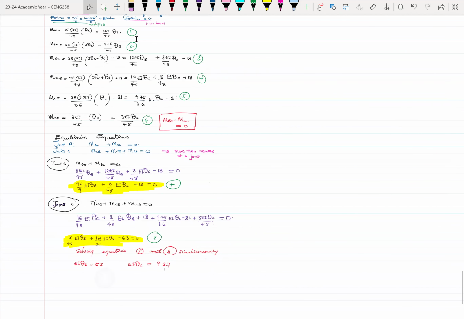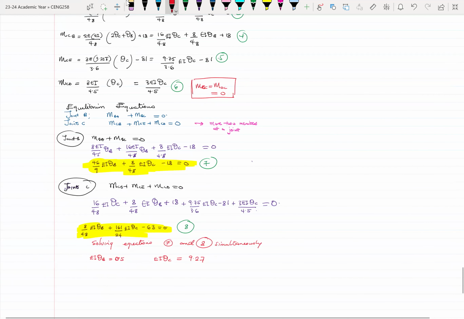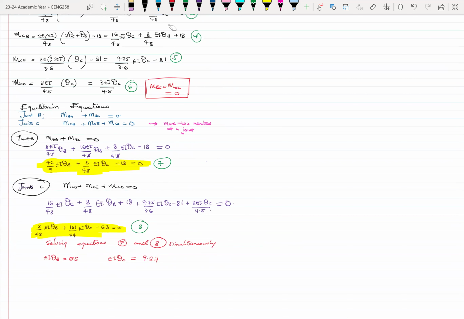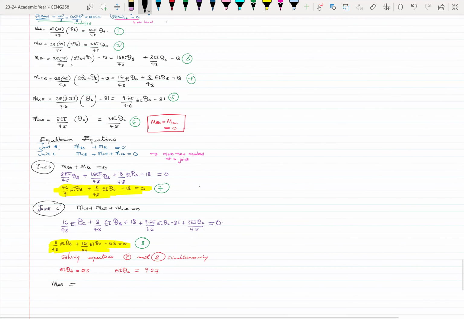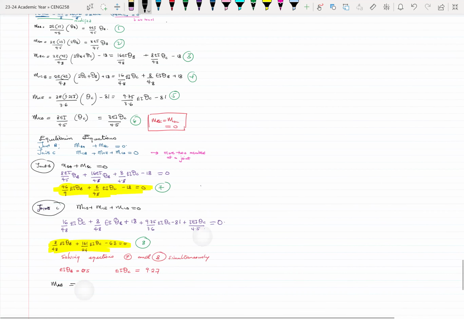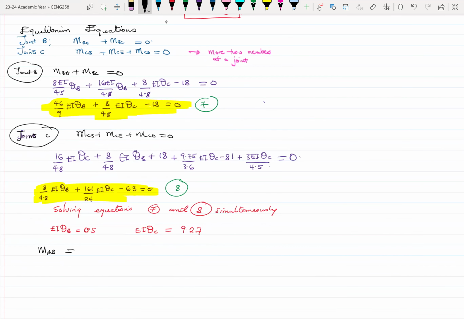So let's find MAB, all right? So our MAB was what, 4EI over 4.5 theta B. So this is going to be 4 over 4.5 times 0.5.